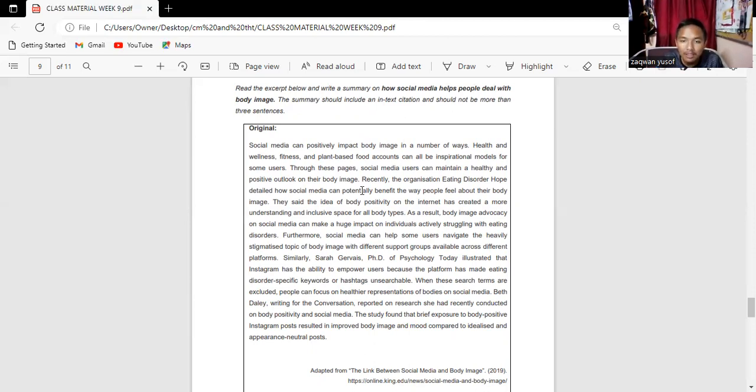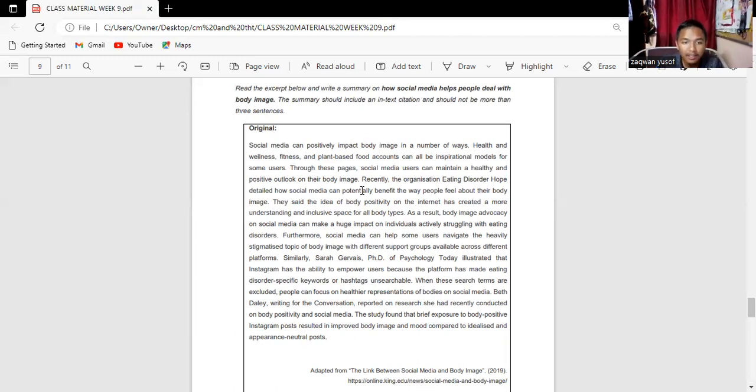When this search term is excluded, people can focus on healthy representation of bodies on social media.